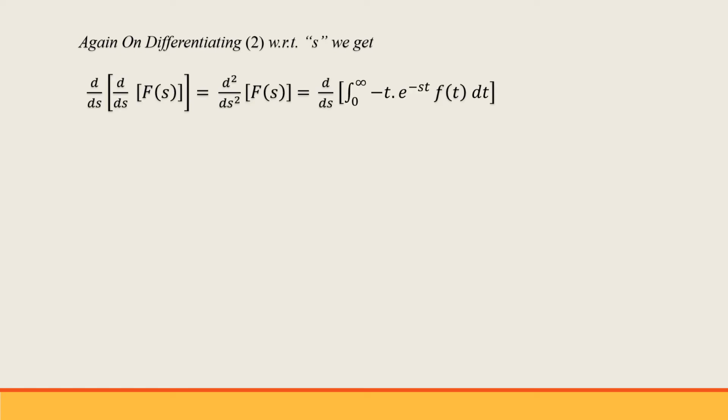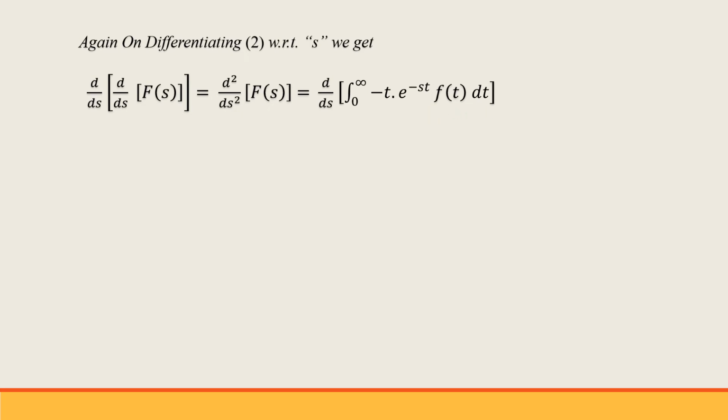Now, once again differentiate the above equation 2 with respect to s. So we get d by ds of d by ds of F(s), that is d square by ds square of F(s), equal to d by ds integral 0 to infinity minus t e raised to the power minus st into f(t) dt.